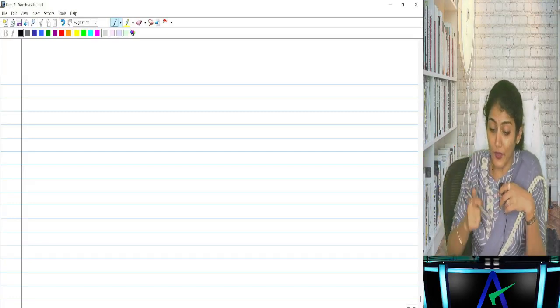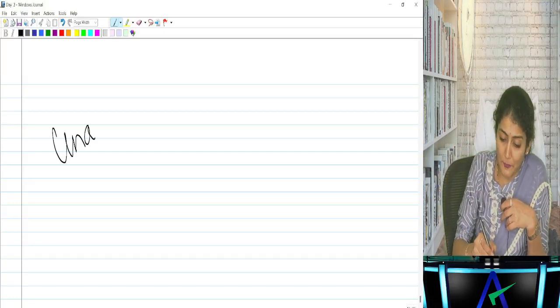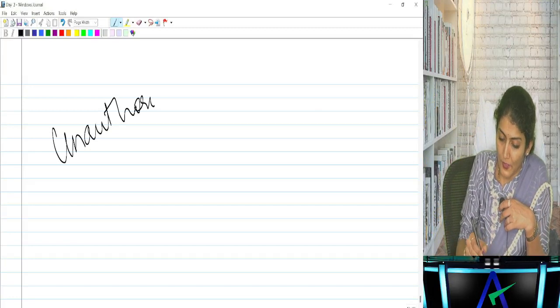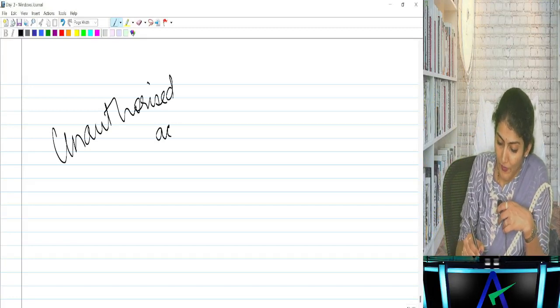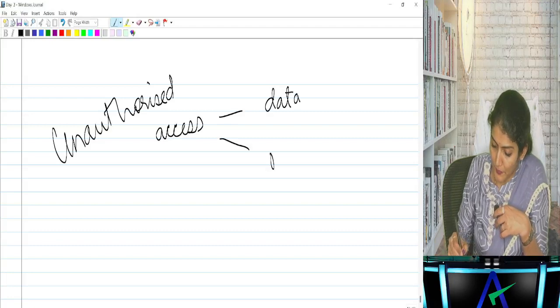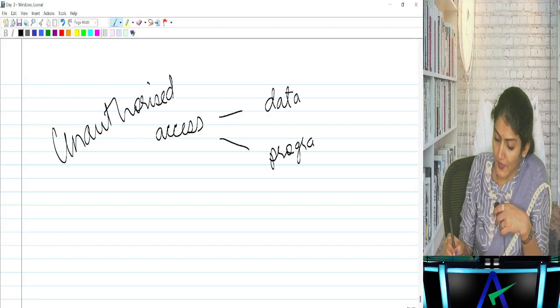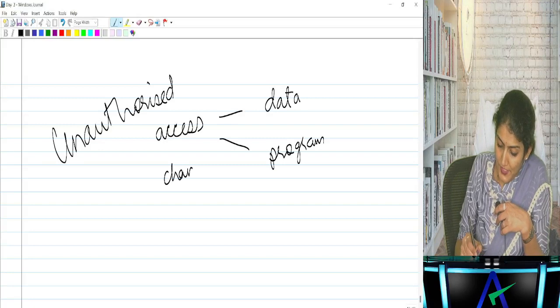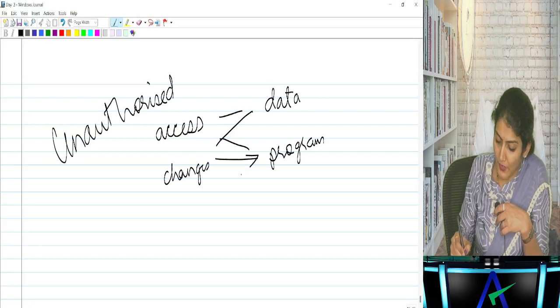Okay. Then what is another huge problem with the computer? Hacking. So there could be unauthorized access to data or computer programs, or there could be unauthorized changes to data or computer programs, right?